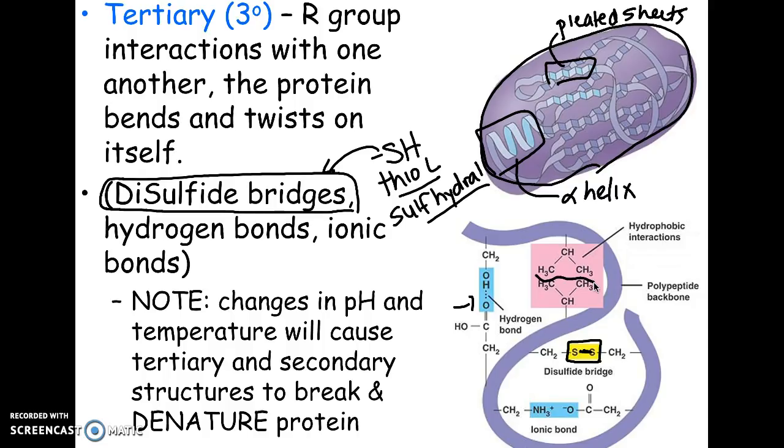So if these are proteins that are necessary for nerve impulses in your brain, and they unfold so they can no longer do the job they're supposed to do, it can basically kill you, or it can cause brain damage. So tertiary structures are delicate. This is why we need buffers to keep our pH stable. This is why we can't have really extreme high temperatures, because it will cause these structures to unfold, and if this unfolds, it won't have the proper shape anymore.